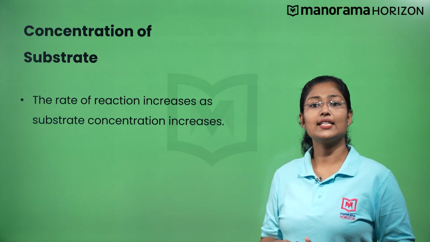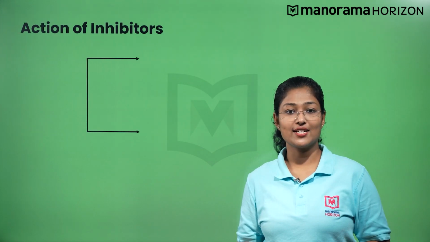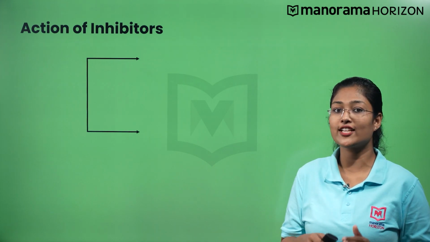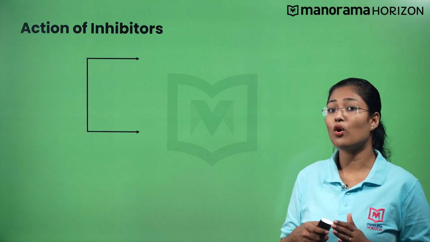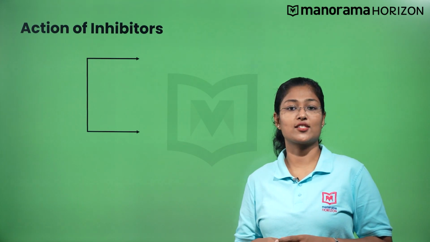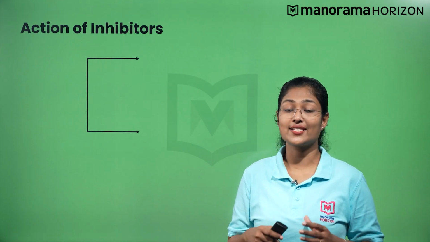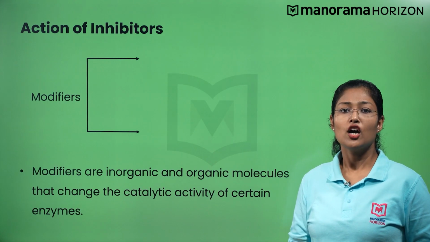Next, we will learn the actions of inhibitors. The actions of inhibitors in enzymatic reactions are another factor which affects the enzymatic action. Enzymes catalyze almost every cellular process. Have you ever thought of any way to alter this catalytic activity of enzymes? Here is the answer.